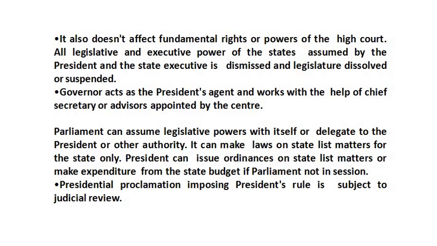That means the state legislative assembly is no longer there, so the governor acts as an agent in the state, along with the chief secretary or advisors. Parliament can assume legislative powers itself or delegate them to the president or another authority. It can make laws on state list matters for the state only.